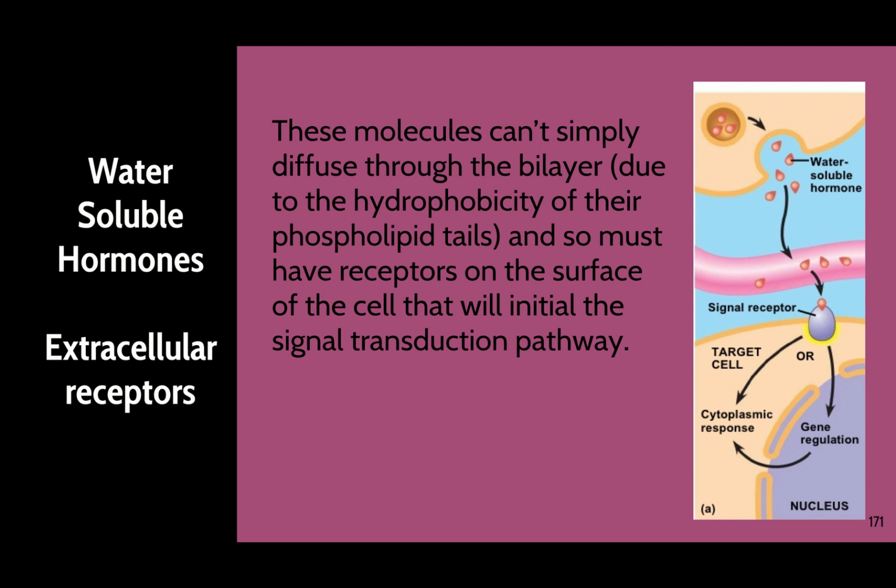So it makes intuitive sense when you think about how your body might prepare for a flight or fight response. And this was actually discovered because when you inject a water-soluble hormone directly into the cell, the signal transduction pathway is not produced. So if we were to inject epinephrine directly into the cell, we would not see any of this fight or flight response.